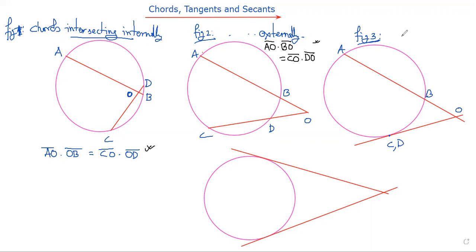Here also I will say AO multiplied by BO equals CO multiplied by OD, and CO and OD are of the same length, so that is CO square. So it remains true from the first one, from the external intersection. This is extended to figure 3, where I find AO into BO is equal to CO square.